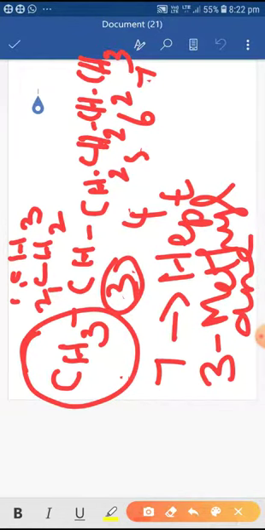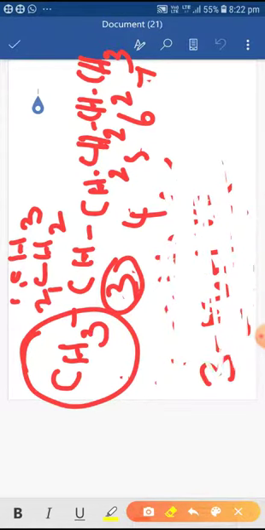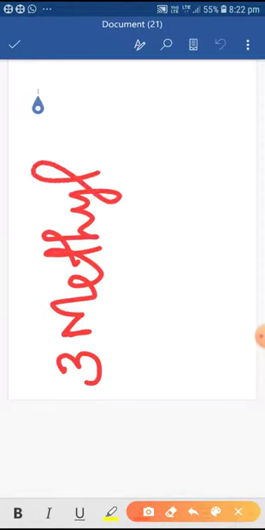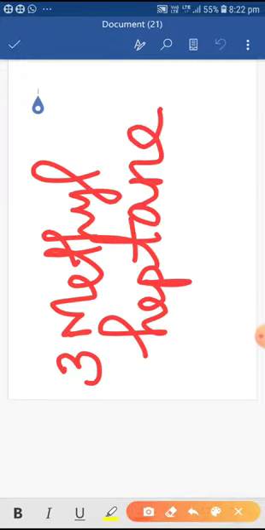First write the prefix, 3-methyl, then the root word, then the suffix.